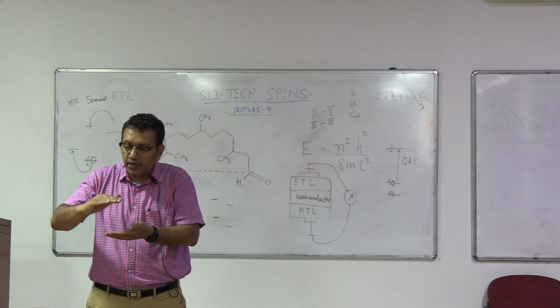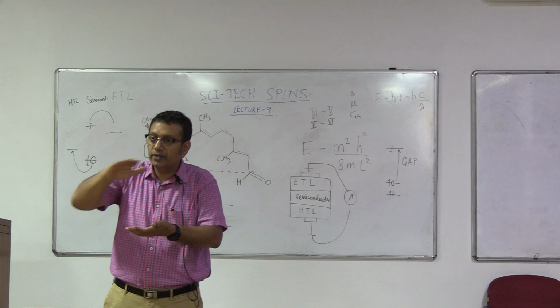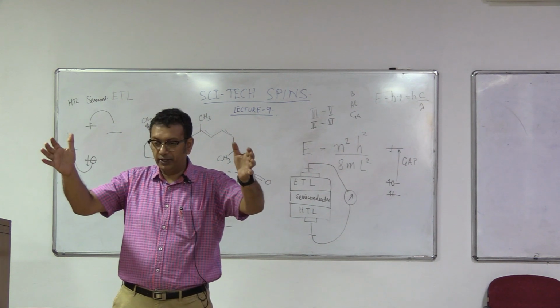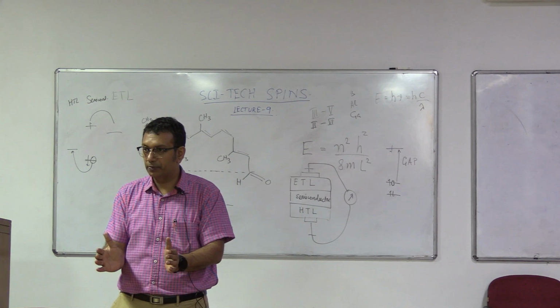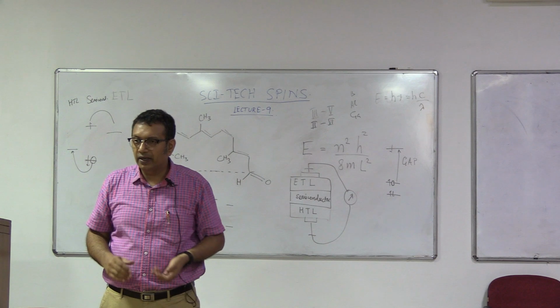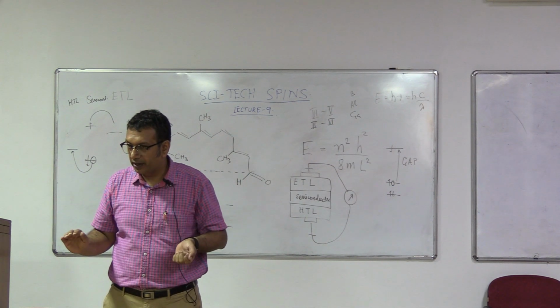So if I try to make layers and layers of potassium chloride, it would like to go into its own structure. Cell would be this big, sodium chloride would be this small. There will be strain at the interface. It can get broken.